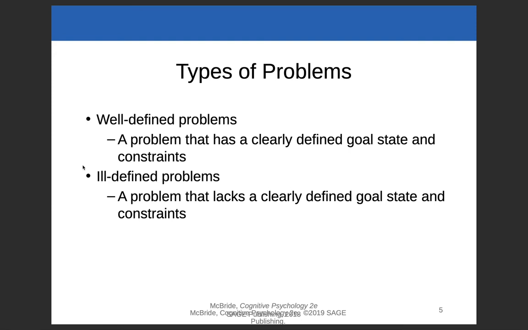How do we increase revenue? What's the best way to provide housing for people? There are lots of these types of problems that are ill-defined, where we sometimes don't even know what the end state is, and we're completely unaware of the constraints that are before us.